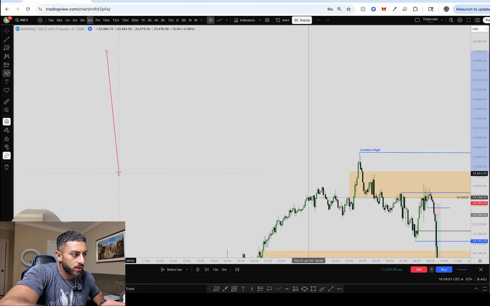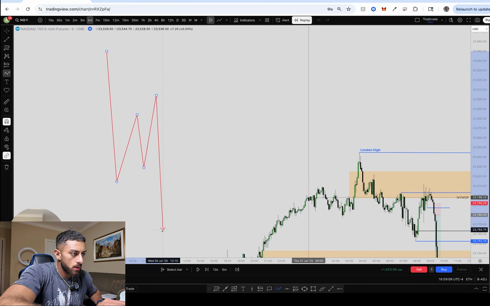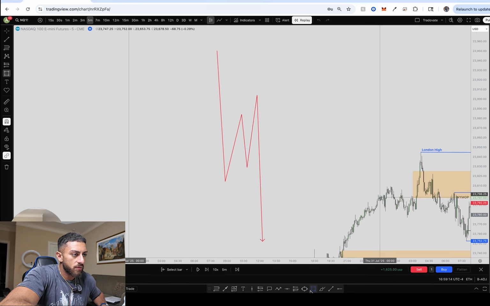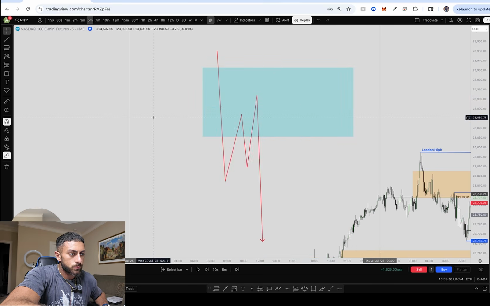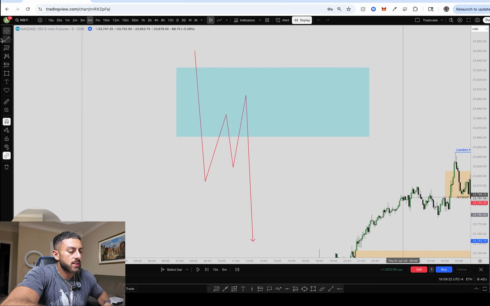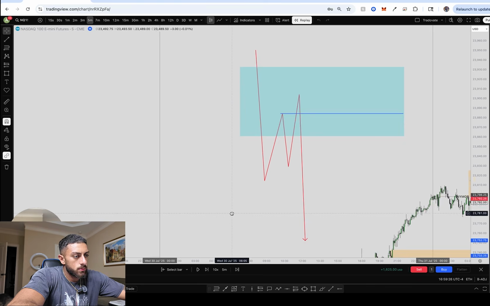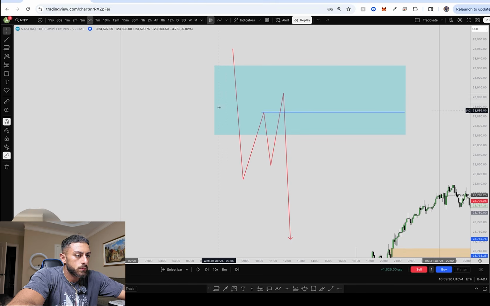So for example, let's say we have an imbalance right here and price comes back into it, then we leave and then we come back into it again. I'd like to see that first tap into it taken before we then come back down. Imagine we had a fair value gap within this area of price. Right here, I'd like to see this high taken. Does that make sense? Yeah.